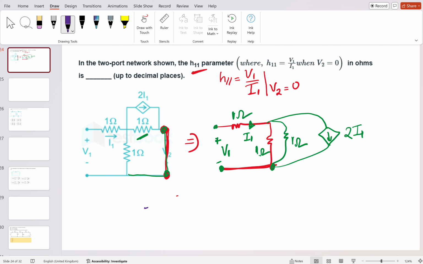Just write the KVL equation, you will get the answer. Or apply KCL at this node.